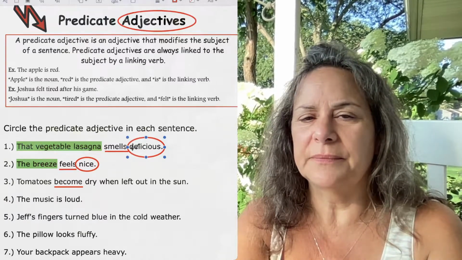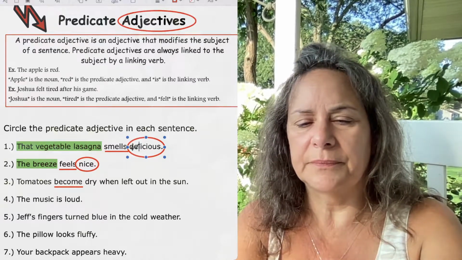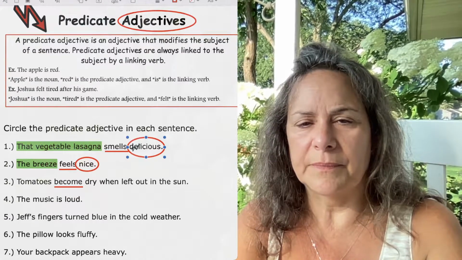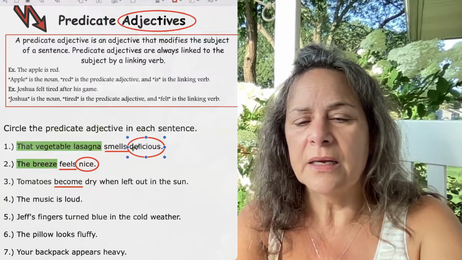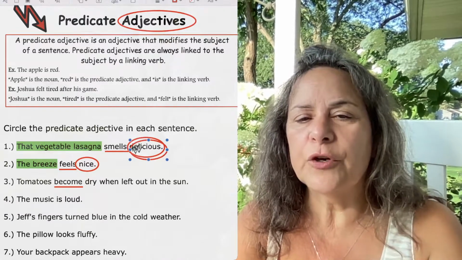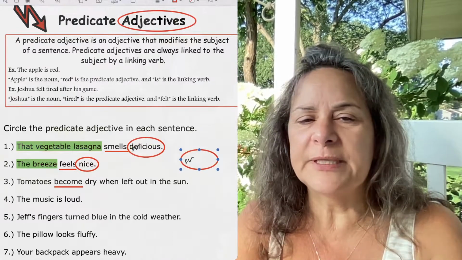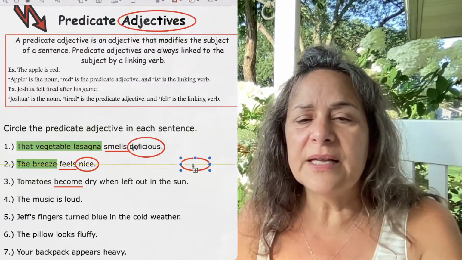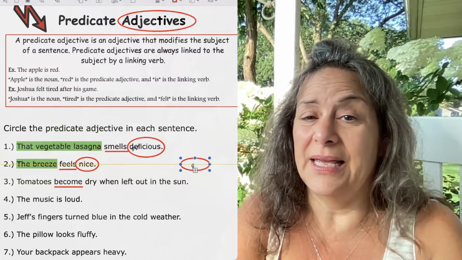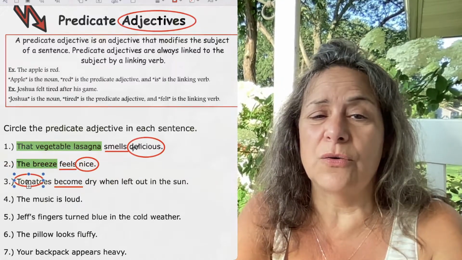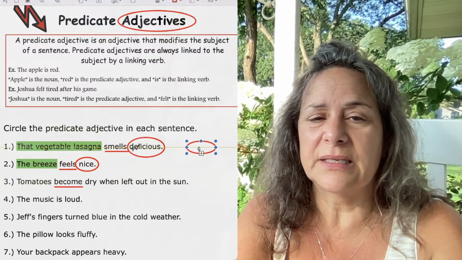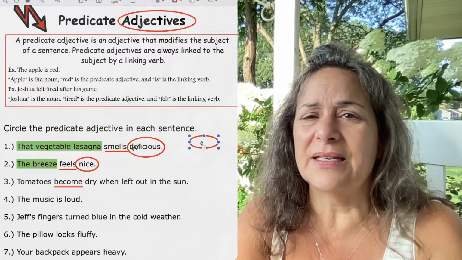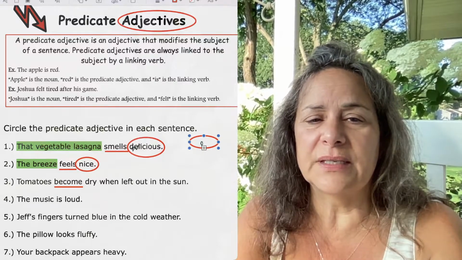We have to listen to the subject to determine the verb tense and the verb spelling, right? So there I said becomes. It's not becomes because tomato is plural. It's tomatoes, right? So what's our subject? Our subject is tomatoes.